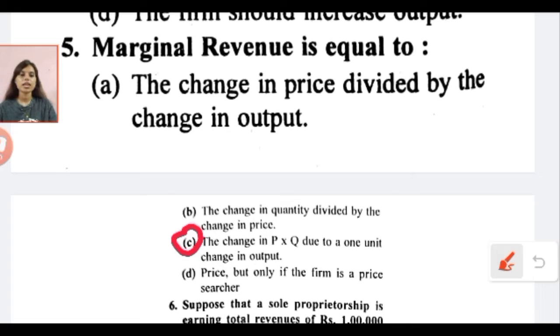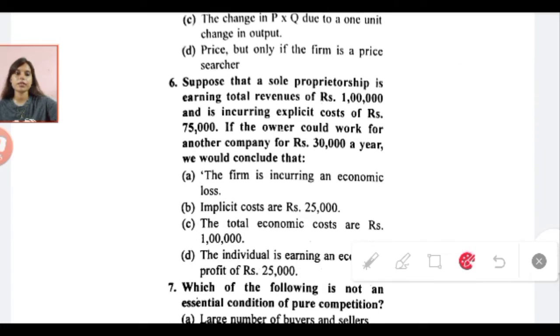So the change in P into Q due to 1 unit change in the output is the marginal revenue. So number C would be the correct answer. Moving over to the next question, that is question number 6.